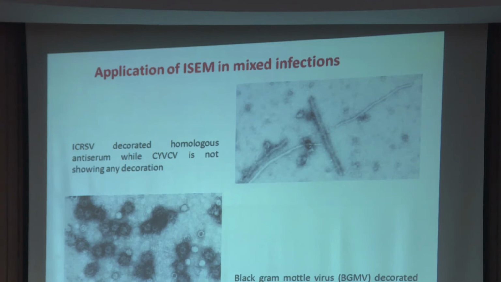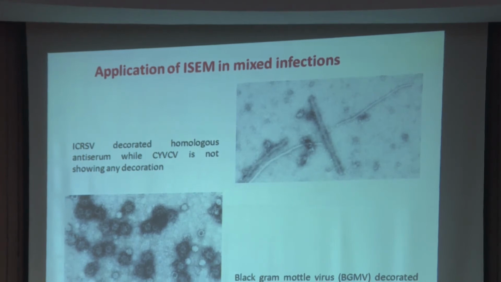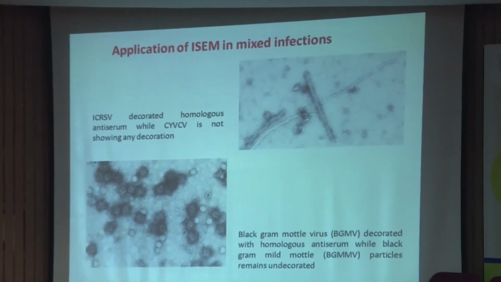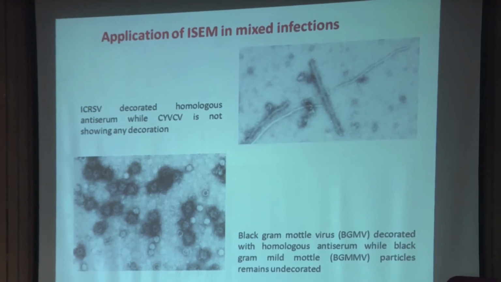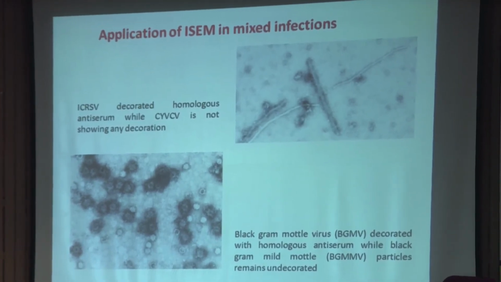Under the electron microscope we saw particles like Indian citrus ring spot virus, but when we did antibody decoration, a few particles were decorated and a few remained undecorated. It clearly indicates that this virus is not Indian citrus ring spot virus, but a different virus.